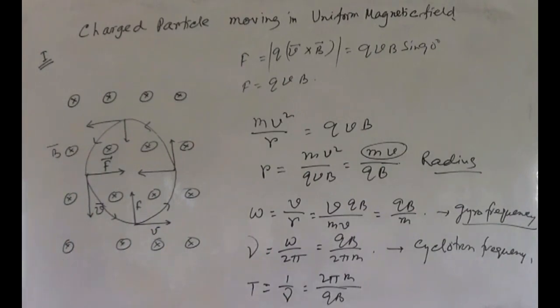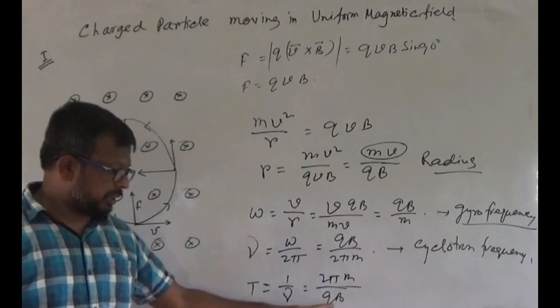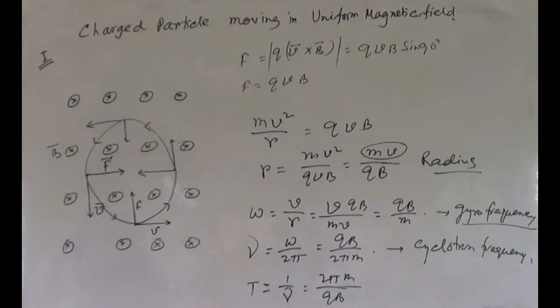Whatever the radius, the time period is the same. It only depends on the mass, charge and intensity of the magnetic field.